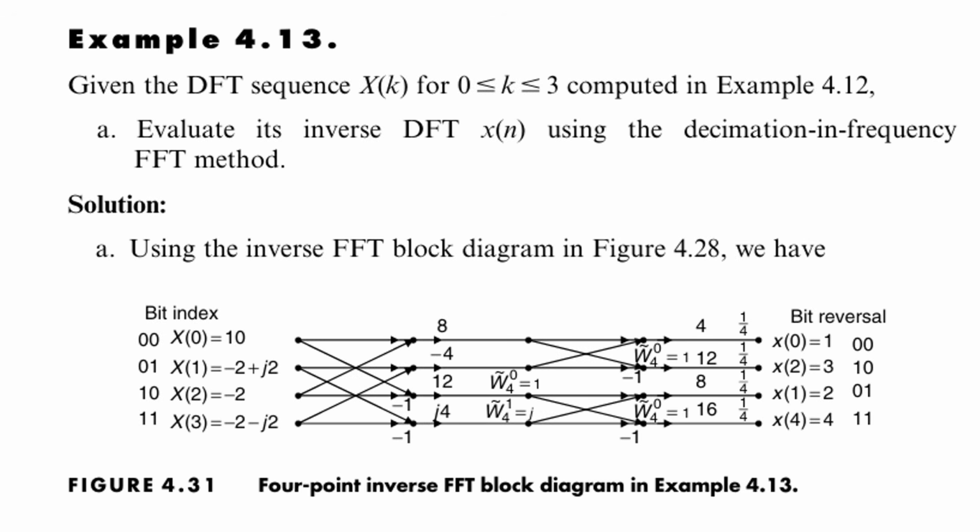Here is the example. Suppose the sequence is xk for k in between 0 to 3, and evaluate the DFT using the decimation in frequency, that is the FFT method. Okay. One interesting concept is there, that is called the bit reversal.